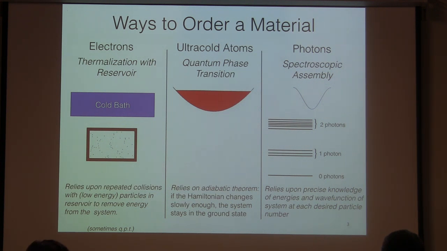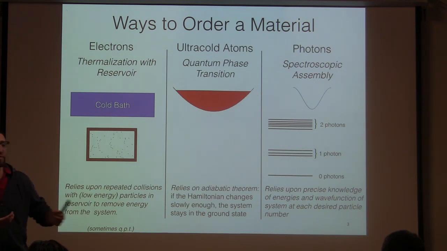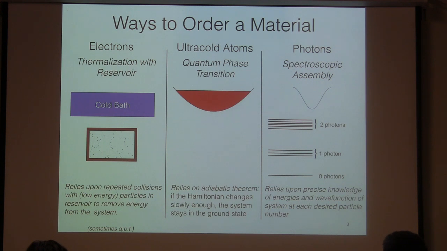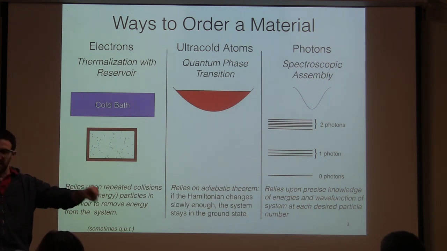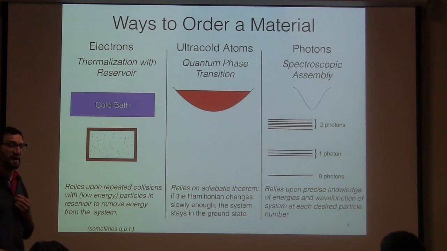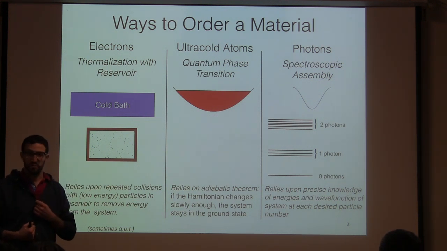And requirement number two, for the thing to be considered a material, is that these particles have to interact with each other. So the question is, once we have those two ingredients, how do we order these objects into a material? Well, you could imagine if they didn't interact, just putting them in the places you wanted them one at a time, right? But we're more interested in ordered states where the order emerges from interactions between the particles.